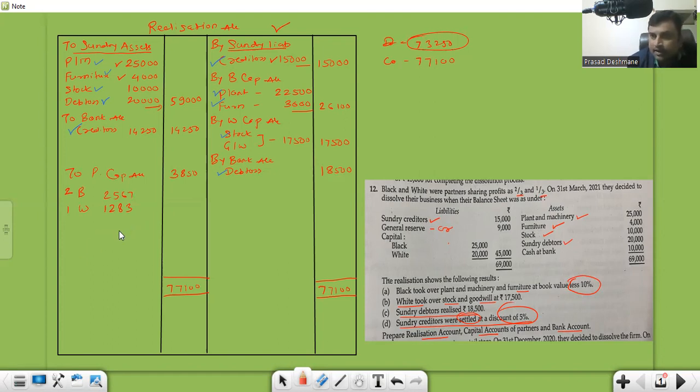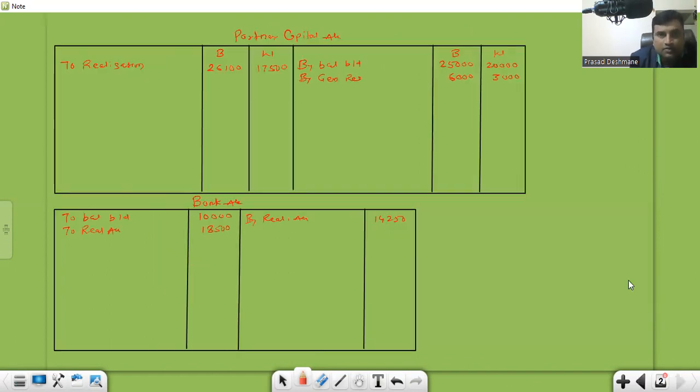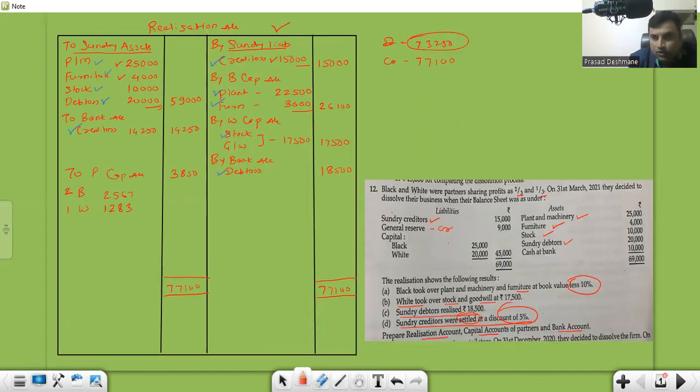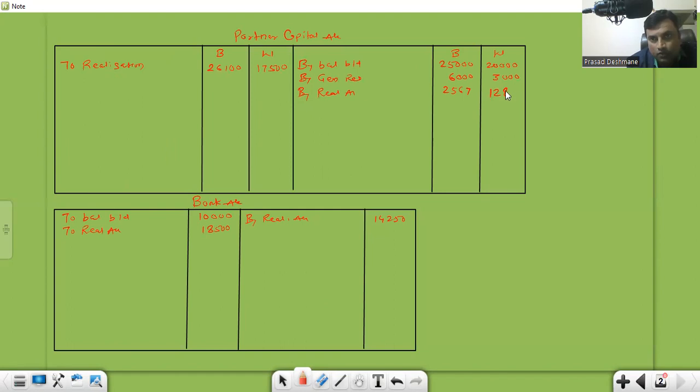Since I got it on the debit side, now I put it on the credit side of the partners' capital accounts, here by realization account: 2,567 and the other one is 1,283. And I close the partners' capital accounts. So 25,000 plus 6,000 plus 2,567 is 33,567.